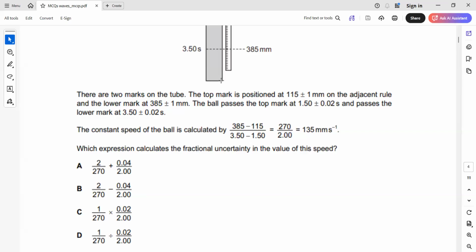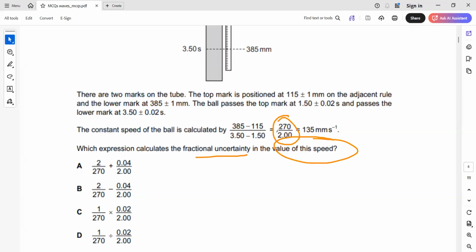But the thing is, whenever we need the fraction of the uncertainty, always add up.